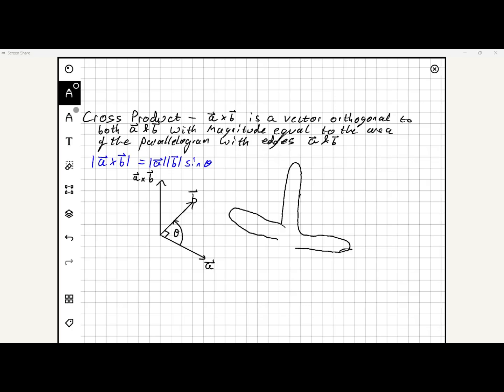Look at that explanation. I cannot draw, no wonder I do physics. Anyway, so we have our thumb, first finger, and second finger. And this one points in the direction of a cross b. This one is in b, and this one is in a. That's how we will find the direction of a cross b.